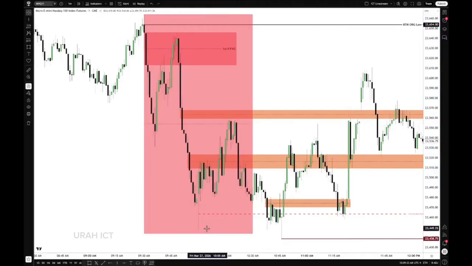What have we done since the opening? Right here. We gapped lower, never traded into the gap at all. Came all the way down, created a low at 10 o'clock, a little bit of retracement. What's this? That's the halfway point or equilibrium of first hour's dealing range.